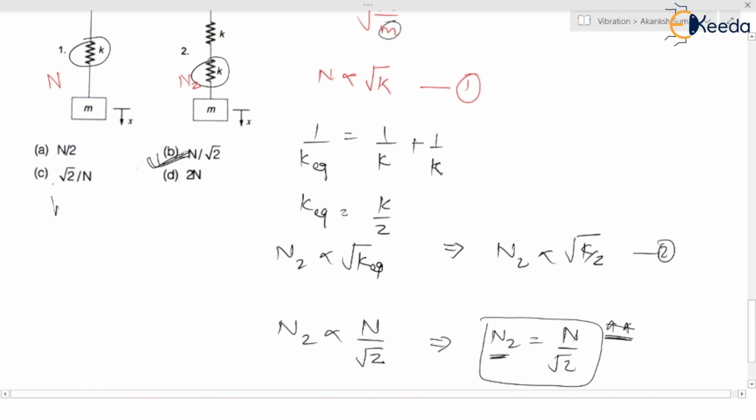This is the series connection. Okay, maybe this will not be the same spring constant, this may be a different spring constant, but the thing is that they are added in series. So when you add it in series, the spring constant will get reduced. That means the natural frequency will get reduced. Okay, so option B would be the correct answer. Okay, so I hope you will understand the solution of that question.